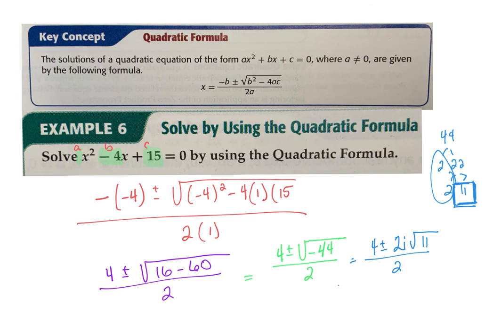So I'm going to say 4 over 2 plus or minus 2i square root of 11 over 2. And then if I can simplify it, I will. And in this case, I can. 4 over 2 will simplify to 2. 2 over 2 simplifies to 1. So 2 plus or minus i square root of 11. That is my answer.